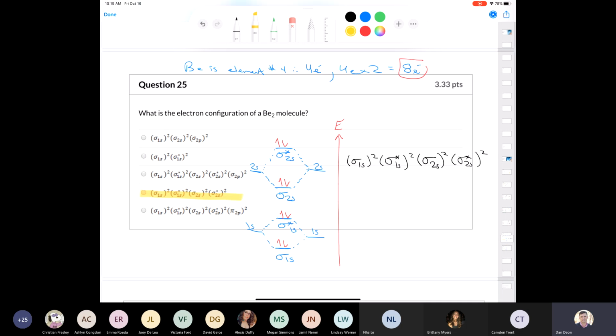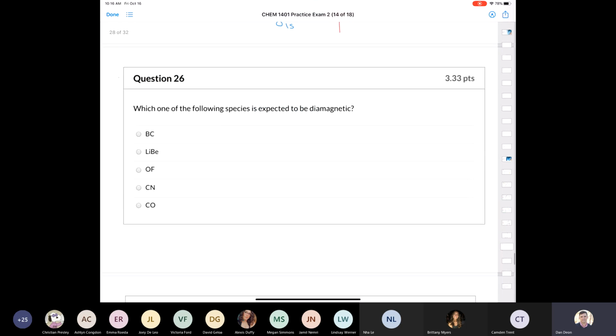So that's the electron configuration for a molecule. Again, I highly recommend watching the video that I put together about that. It covers the subject in dirty detail. All you have to do is know how to fill up the molecular orbital diagram to write out the electron configuration of a molecule. The next one is kind of an interesting question.